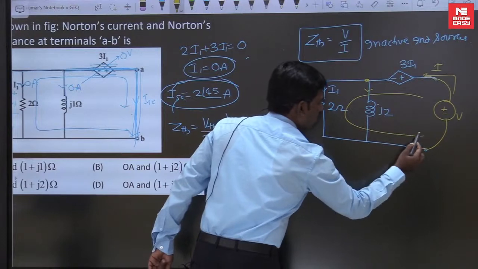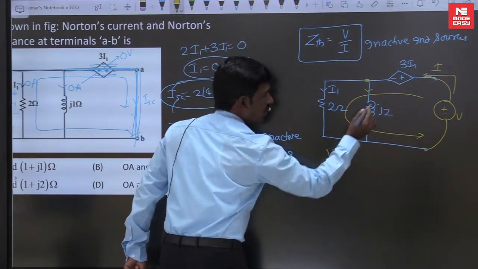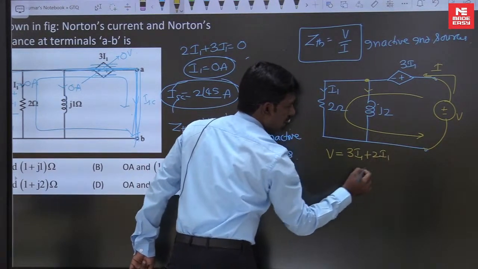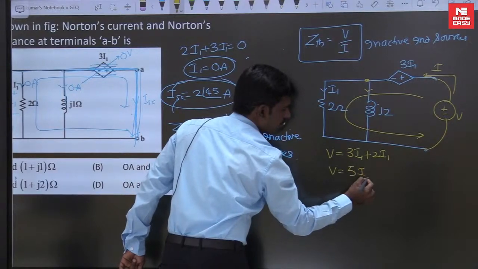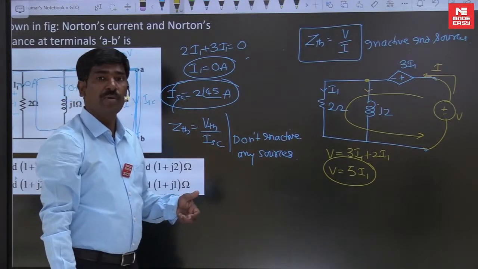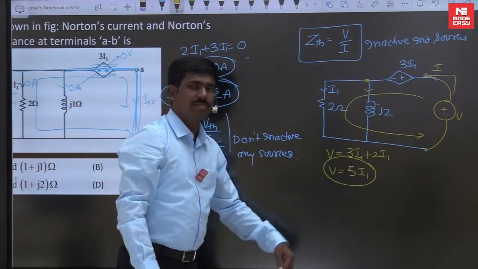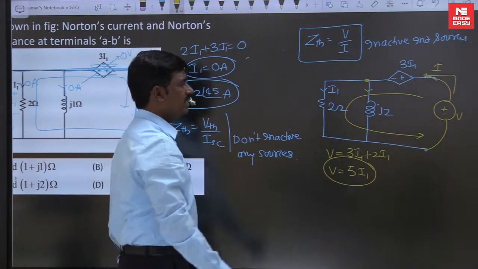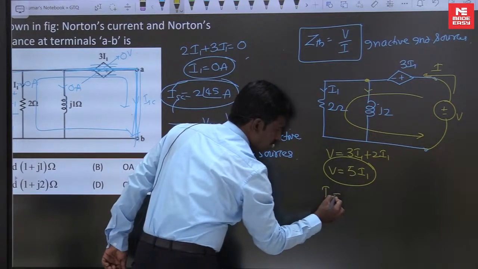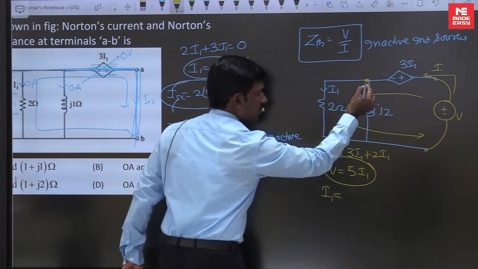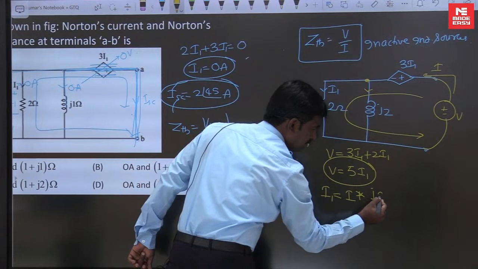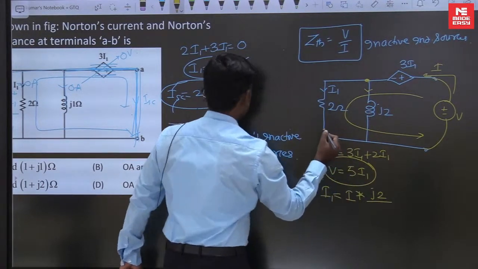Write a KVL equation in this loop. V is 3I1 plus 2I1, so V is equal to 5I1. Our intention is to express it not in terms of I1 but in terms of I, so you have to replace I1 with I. The current is coming and divided. Use the current division rule. I1 is equal to I into the opposite branch, J2 by 2 plus J2, or 2 plus J1.